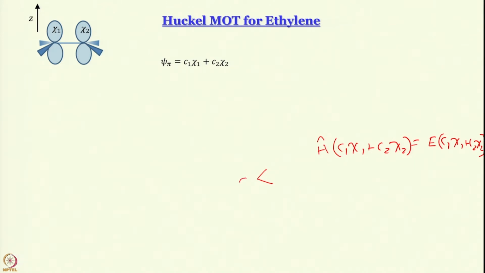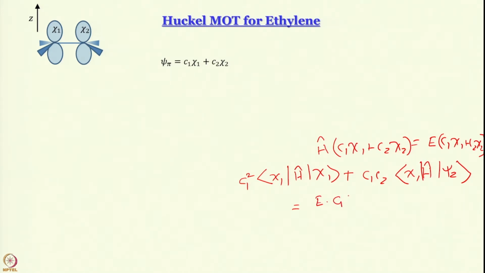So, it will be something like C1 squared integral chi1 H chi1 plus C1 C2 integral chi1 H chi2 is equal to E multiplied by C1 integral chi1 chi1, and I do not need to say chi1 star here because I know the pz orbital is a real one, plus C2 integral chi1 chi2 over all space, right.